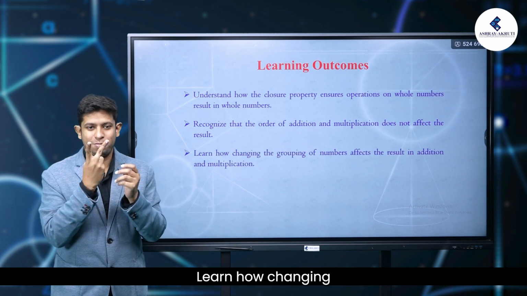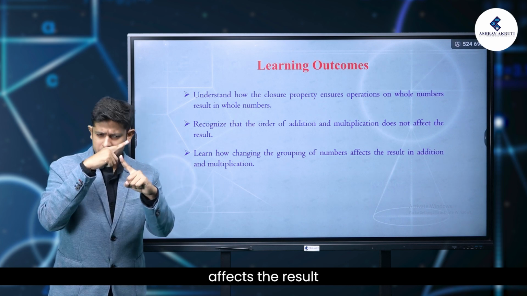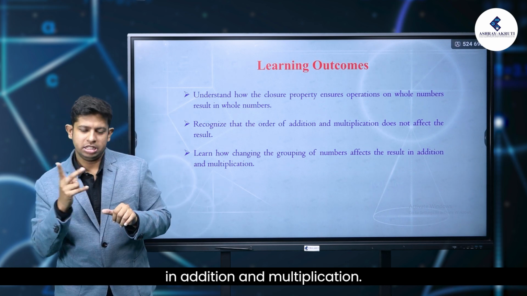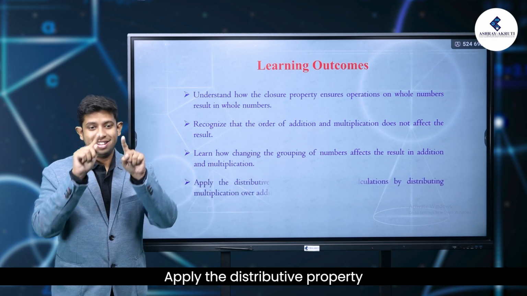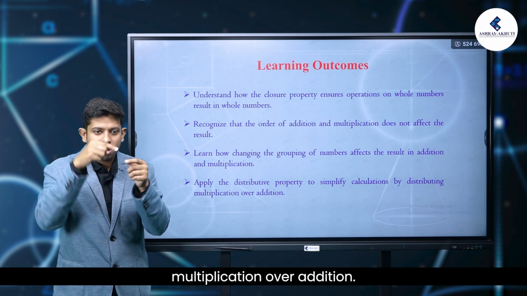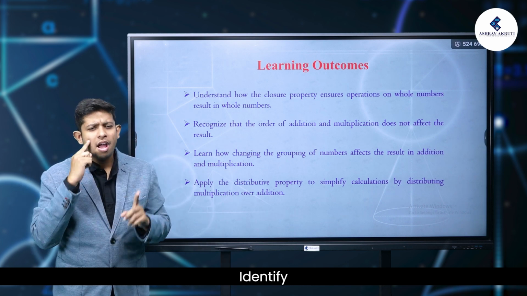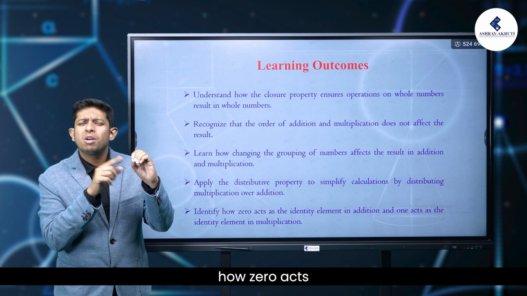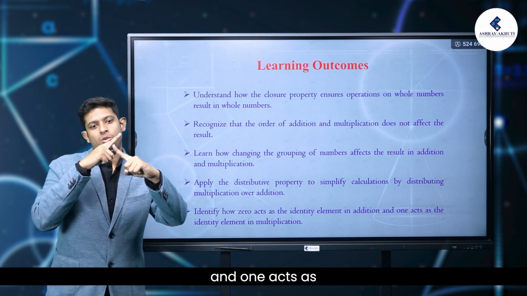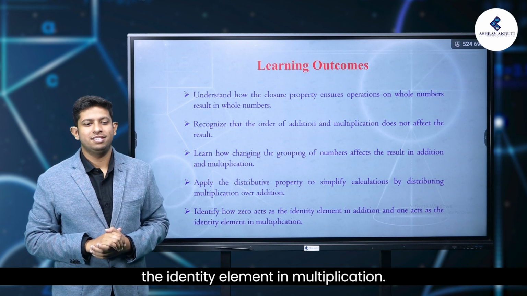Learn how changing the grouping of numbers affects the result in addition and multiplication. Apply the distributive property to simplify calculations by distributing multiplication over addition. Identify how 0 acts as the identity element in addition and 1 acts as the identity element in multiplication.